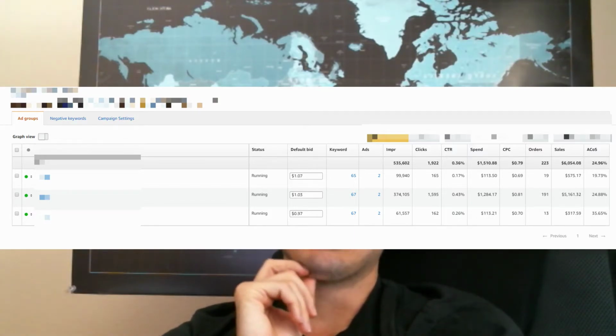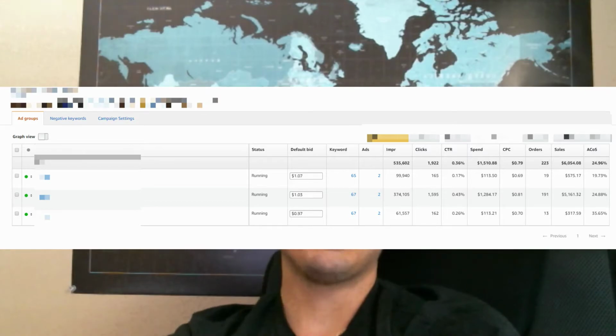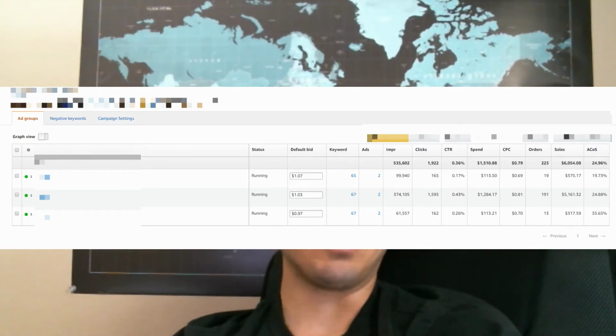Let's go back to the $20 example. You have a $20 sale price on your product. Let's say you have a 40% profit margin on your product after all is said and done, after you pay the cost of the product from the supplier, the shipping, the Amazon FBA fees, everything, which is pretty good. How much money am I then left to spend on ads to still be profitable?